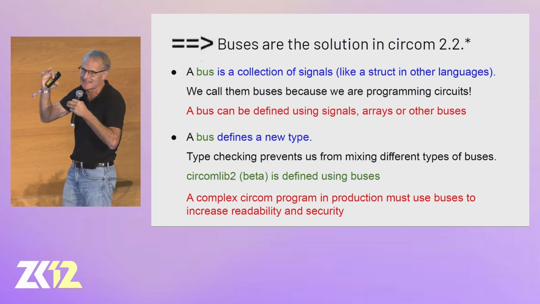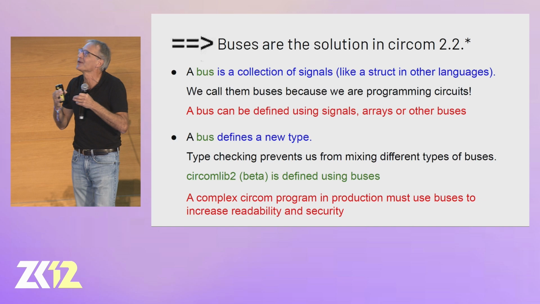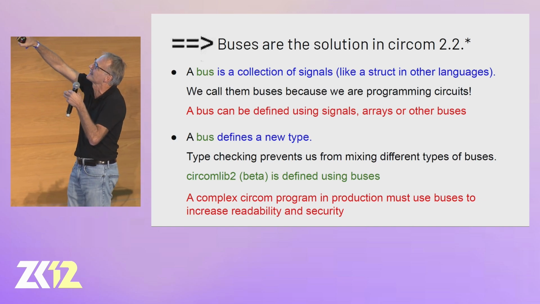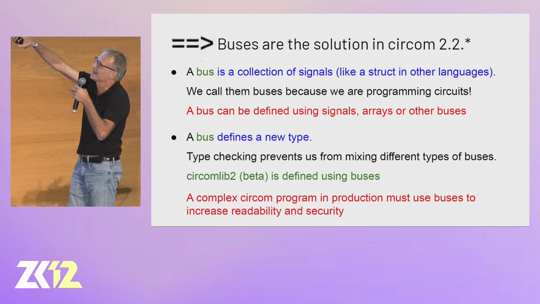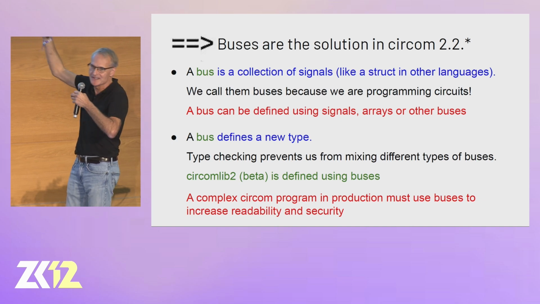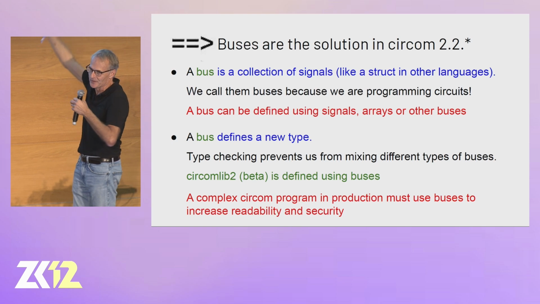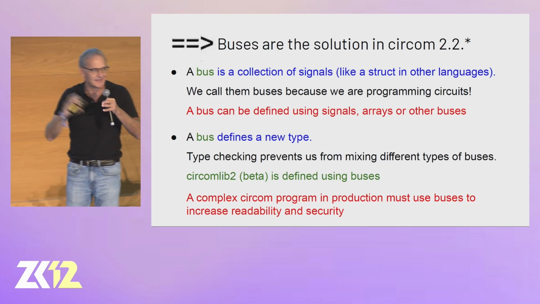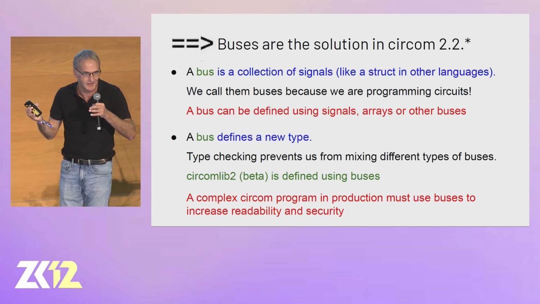And the nice thing about buses is that everything can be mixed from now on. You can define buses using signals, arrays of signals, and other buses, combined with arrays of buses, whatever you like. So everything can be used in an orthogonal way.